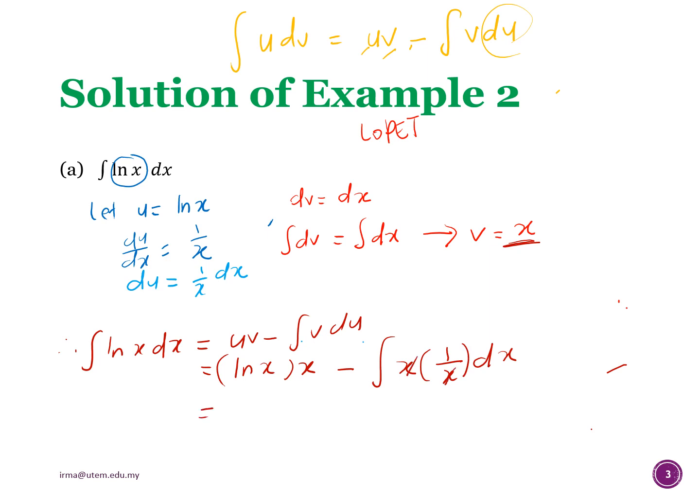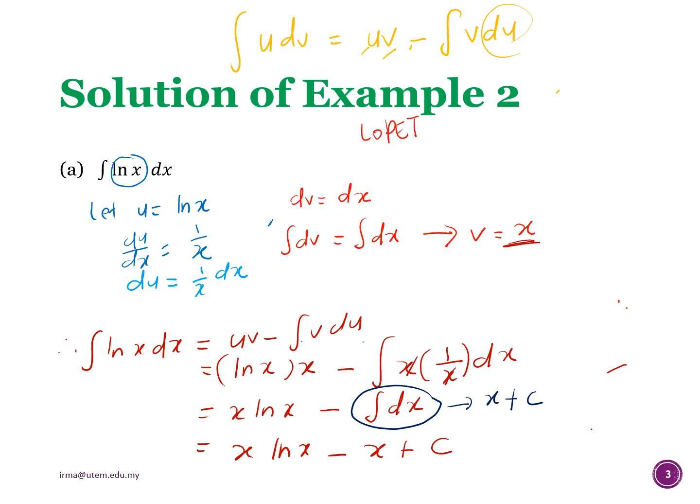I will have x ln x minus integrate dx. So this integration, we'll get what? x plus C. So here we have x ln x minus x plus C. This is the solution for example 2a.